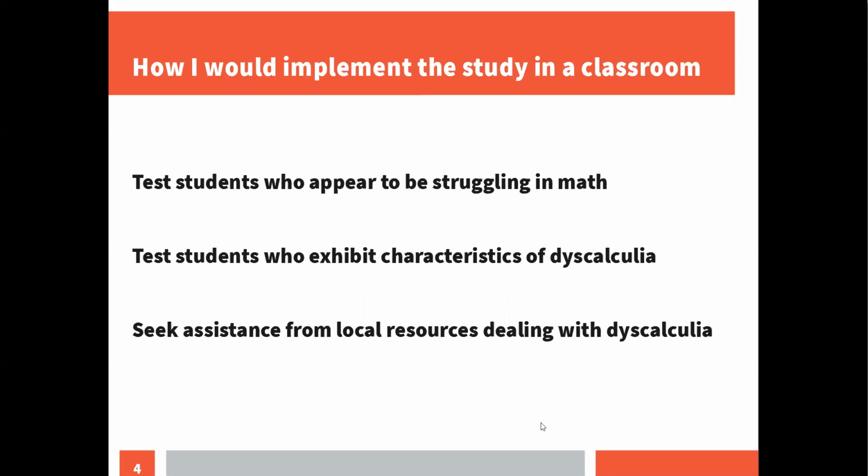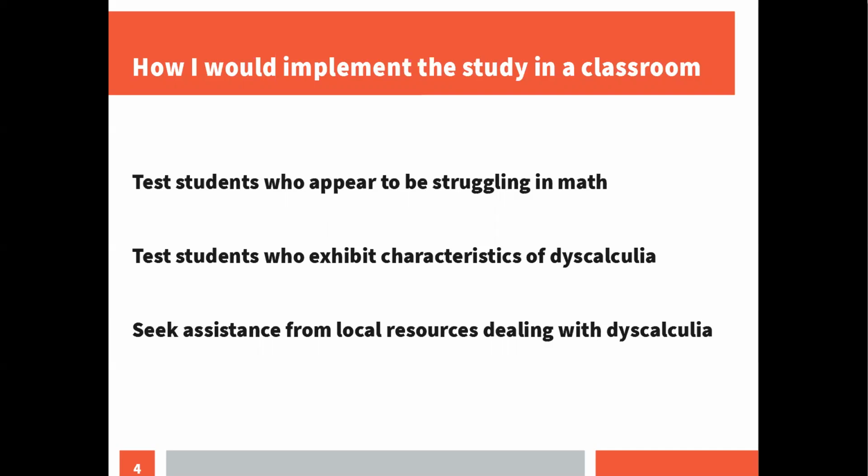I think that in my classroom, I would definitely look for students who appear to be struggling in math, even though sometimes it manifests itself in reading. It's a little bit easier to see in math because of the flipping of numbers and the complex directions that sometimes accompany math.